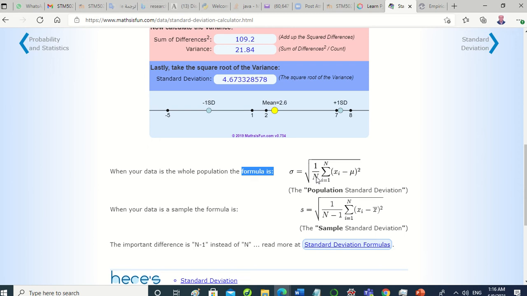What is this term? x of i minus mu, squared. Square of x minus mu.